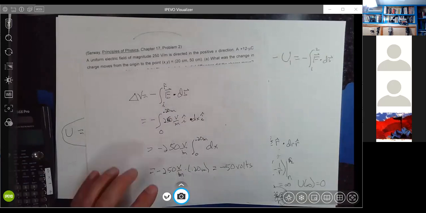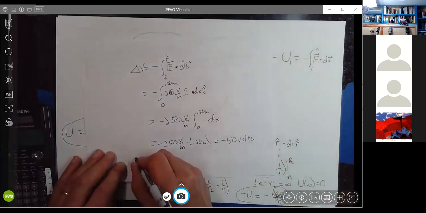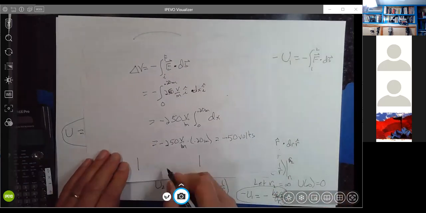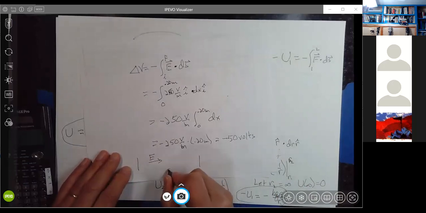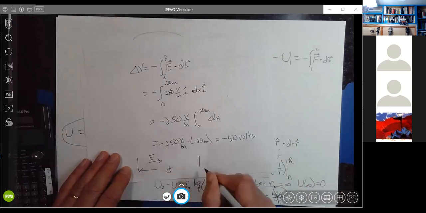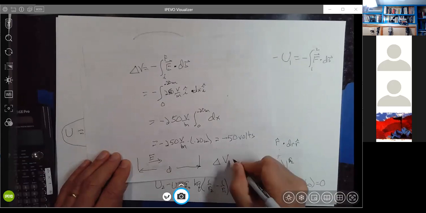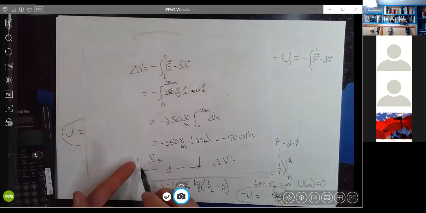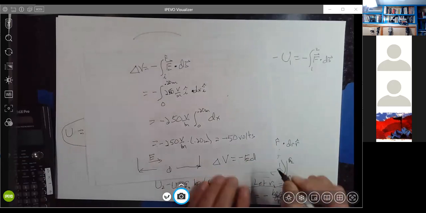Not quite so simple. By the way, if you do have a uniform electric field and it's pointing in some direction like this, and maybe you're going between 2 points that are separated by a distance d, the change in potential in this case, going from here to here, is just minus E times d.